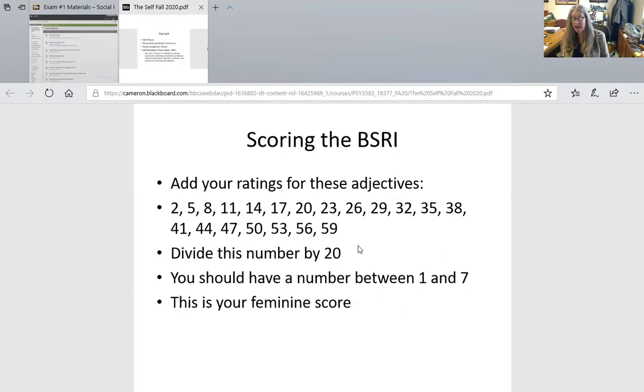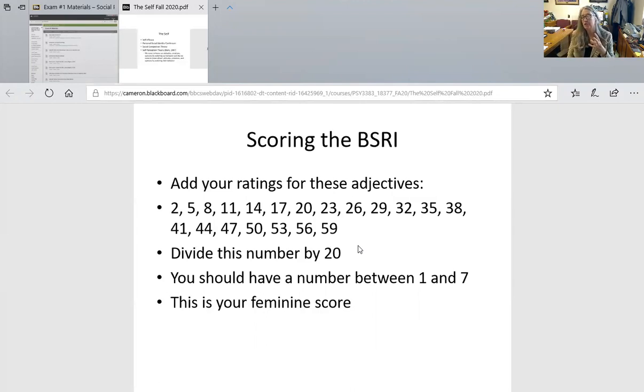Okay, assuming you're back, I just want to read to you the masculine items, the numbers 1, 4, 7, and so on. This time I'm going to read them in alphabetical order. Acts as a leader, aggressive, ambitious, analytical, assertive, athletic, competitive, defends own beliefs, dominant, forceful, has leadership abilities, independent, individualistic, makes decisions easily, masculine, self-reliant, self-sufficient, strong personality, willing to take a stand, willing to take risks.